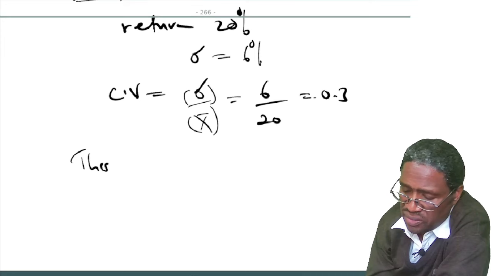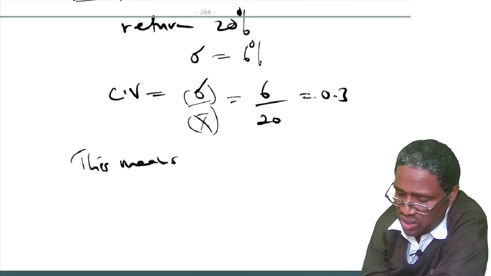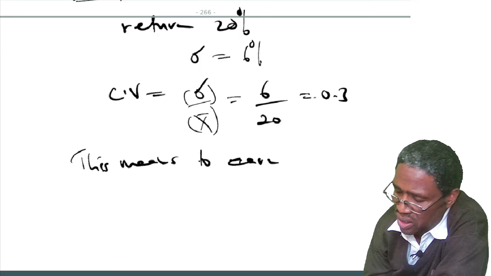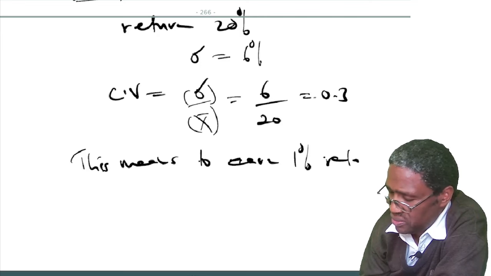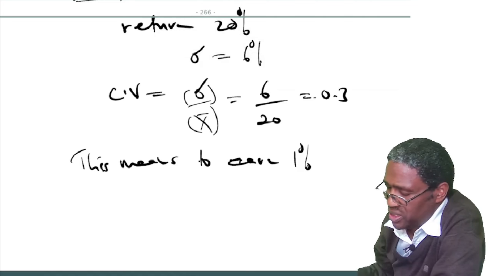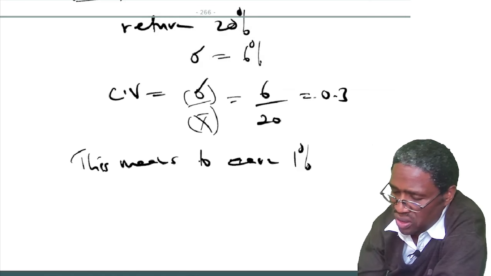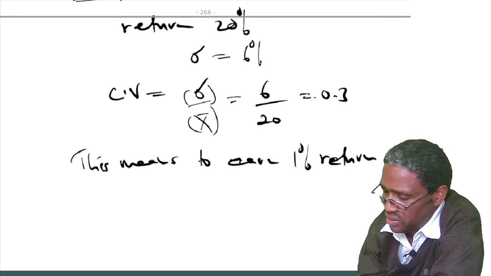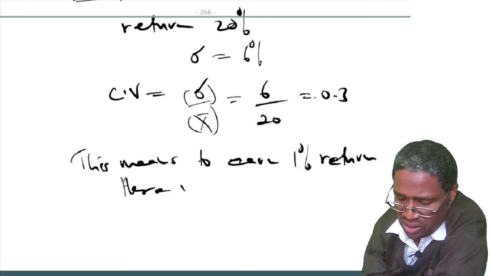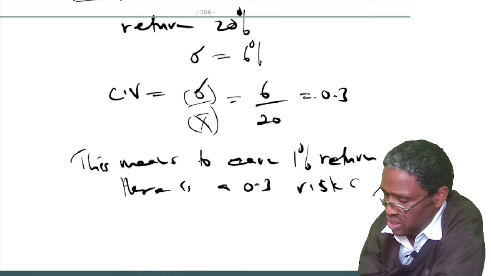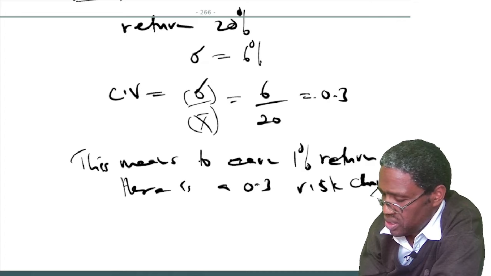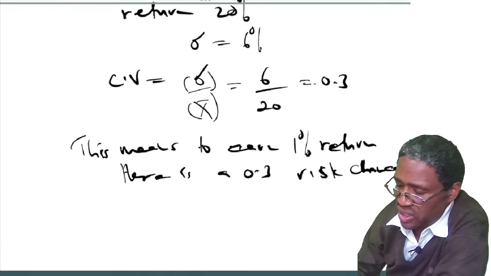This means to earn 1% return, there is a 0.3 risk chance.